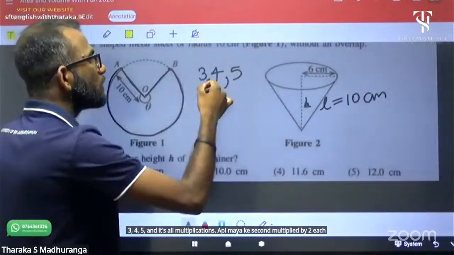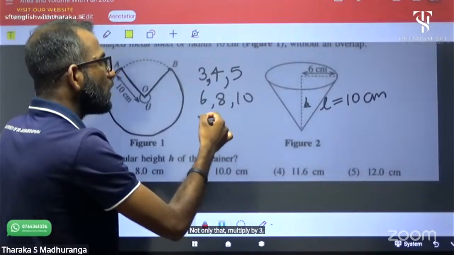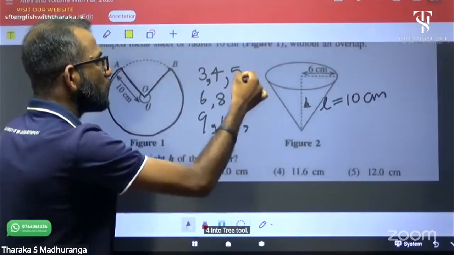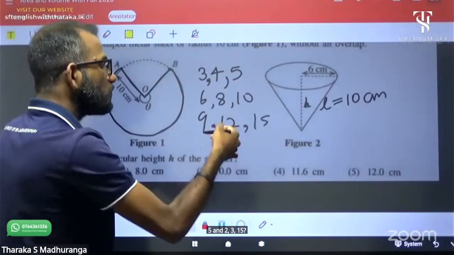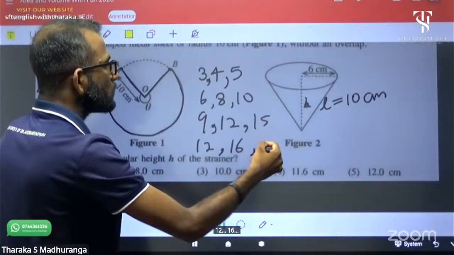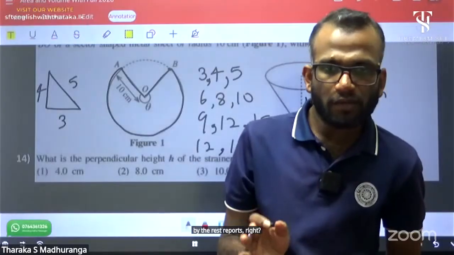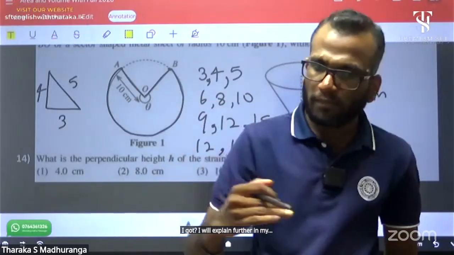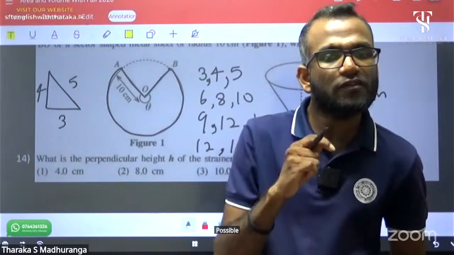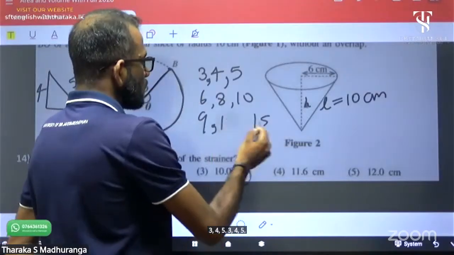Multiply by 2, each value: 6, 8, 10. Multiply by 3: 9, 12, 15. Multiply by 4: 12, 16, 20. They are all Pythagoras triples. I will explain further in my Pythagoras theorem lesson.